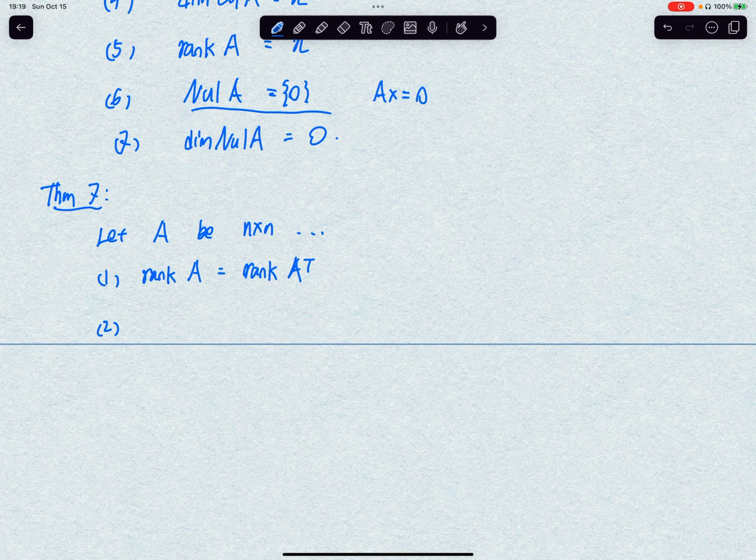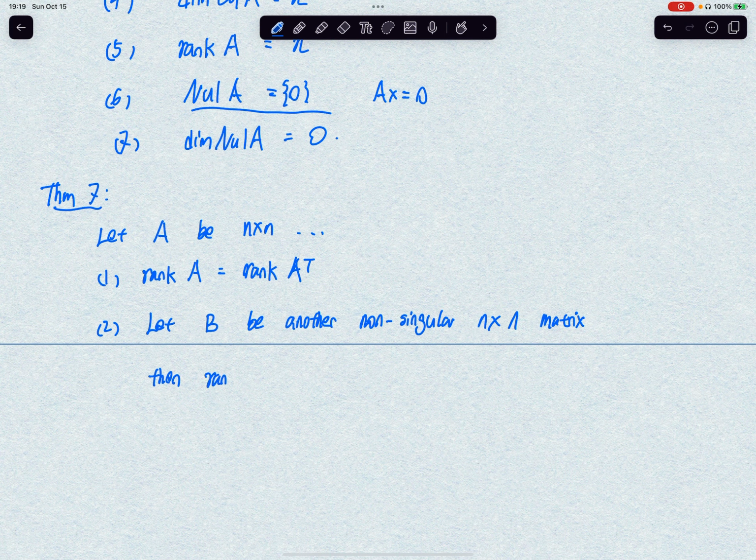The second result is that if we let B be another non-singular n by n matrix, then the rank of A times B equals the rank of A itself.